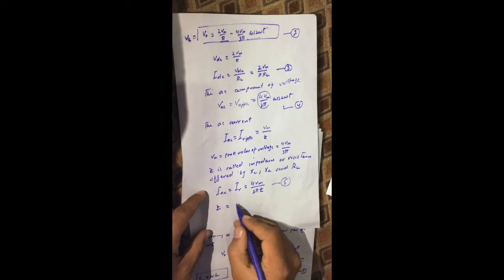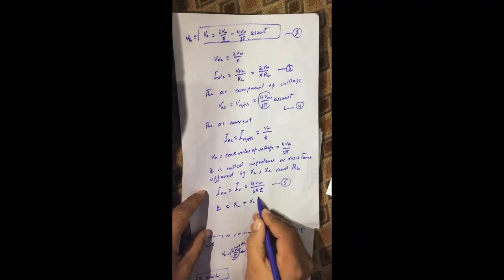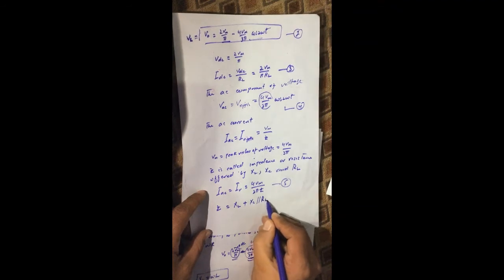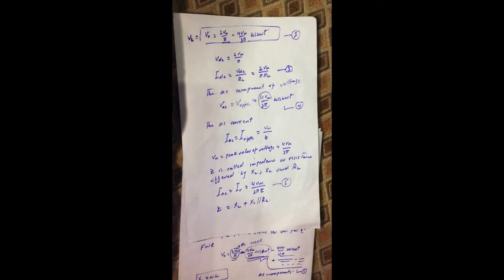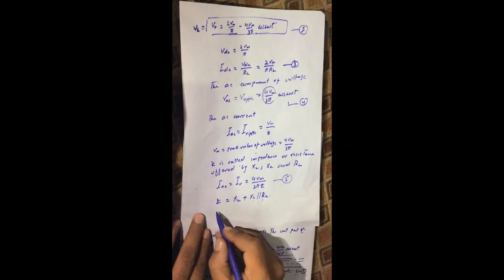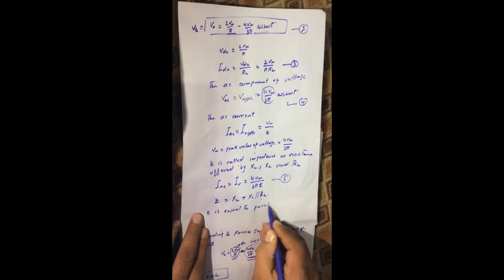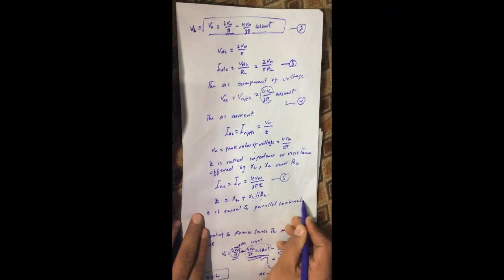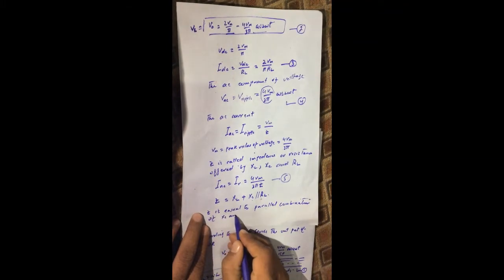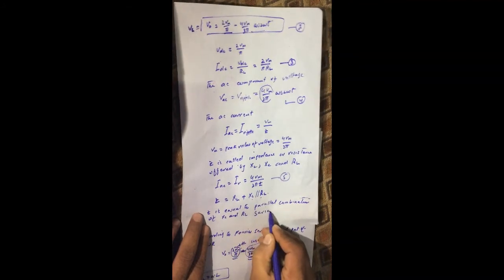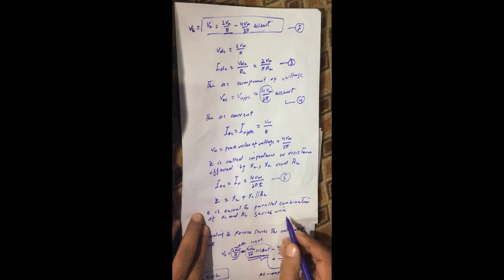Here Z is equal to XL plus the parallel combination of XC and the load resistance RL. How can we read it? Z is equal to the parallel combination of XC and RL, in series with XL.